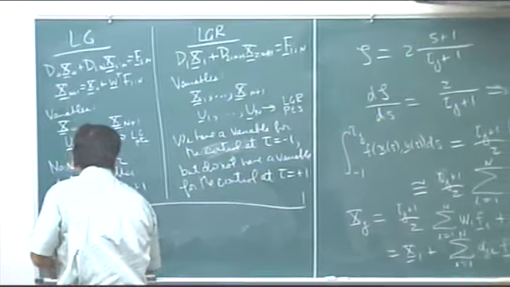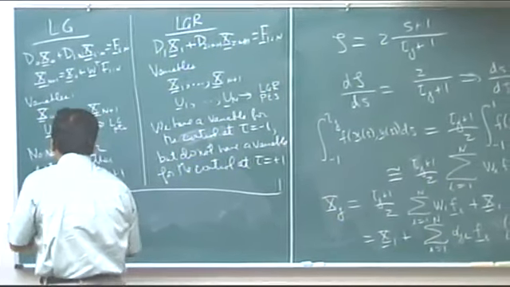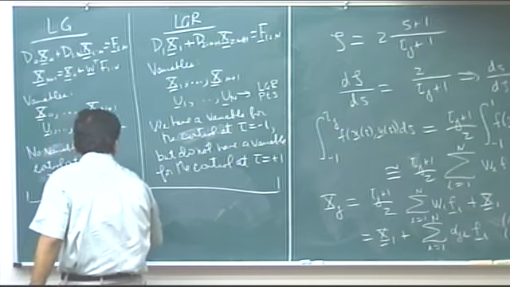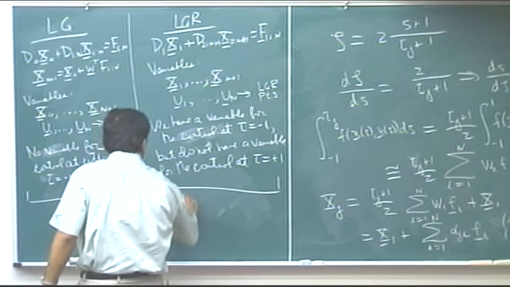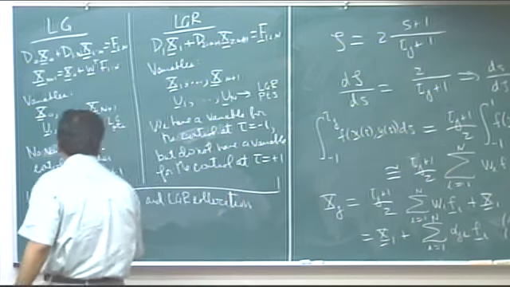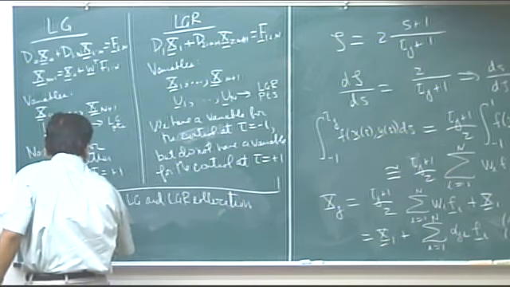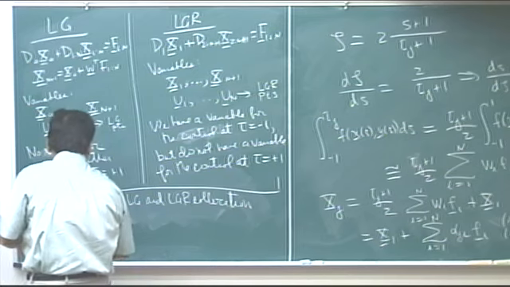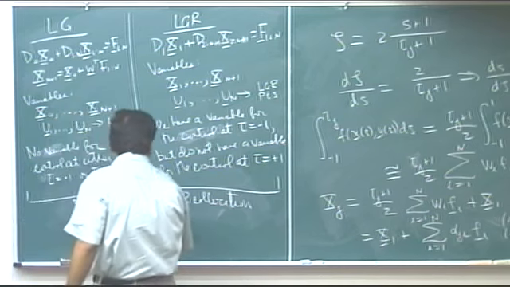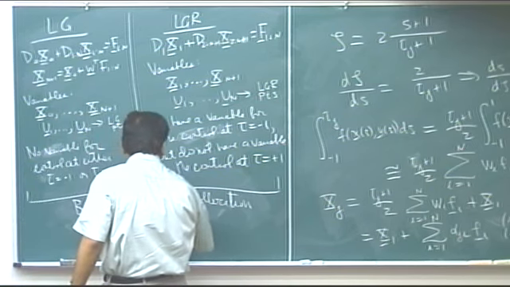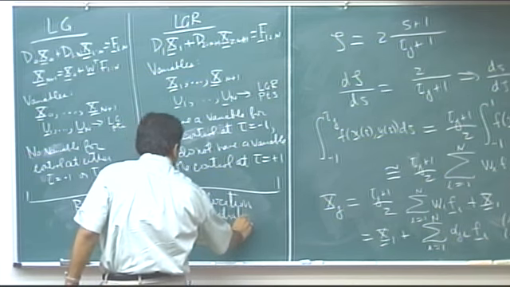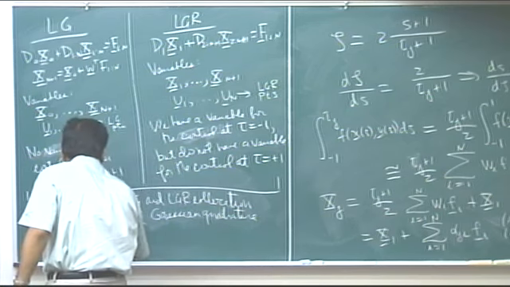Both the LG and LGR collocation schemes are Gaussian quadrature approximations.